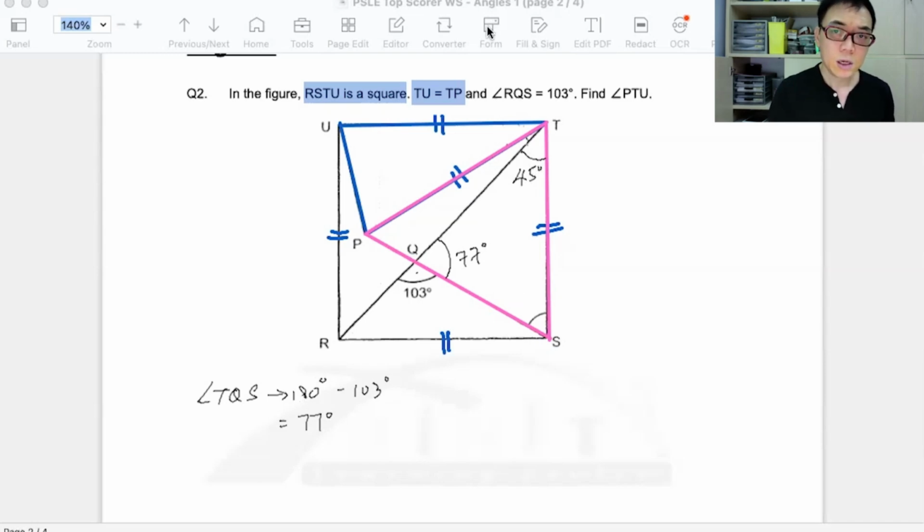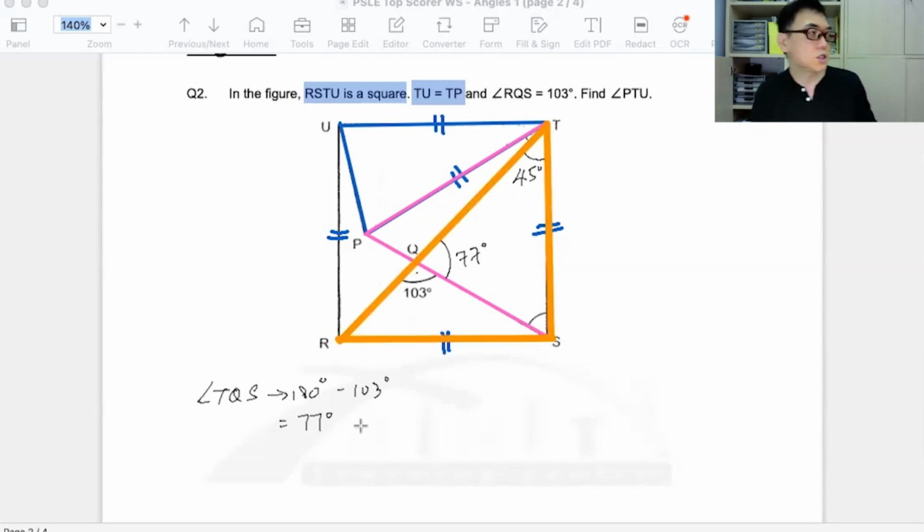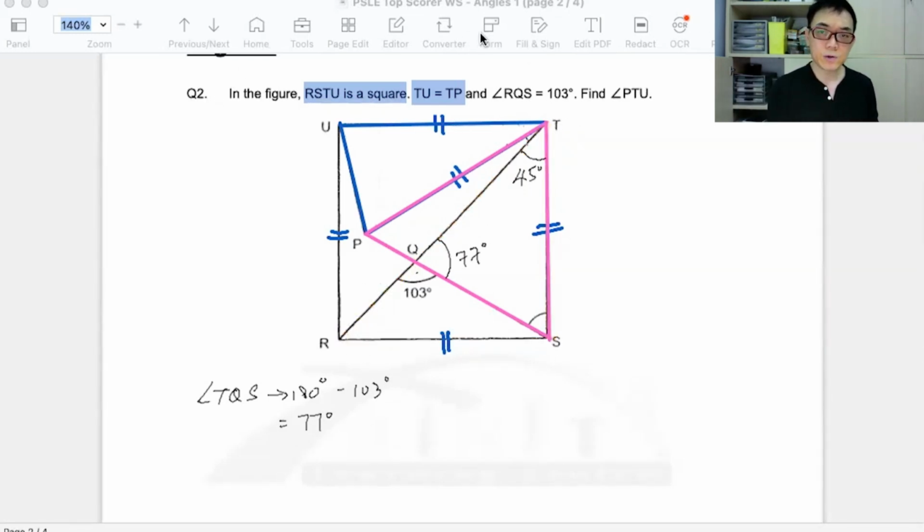Watch. This is an isosceles triangle. Which one am I talking about? I'm talking about this triangle. Because this is an isosceles triangle, the orange one, I can use this to find RTS. So that's what I'm going to do right now. So angle RTS is 180 minus 90.